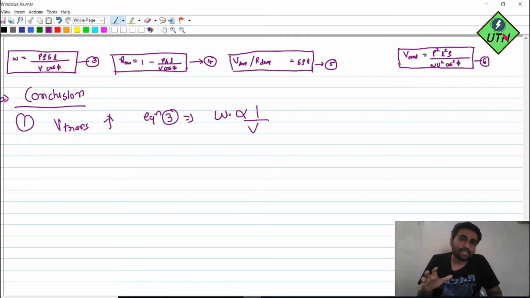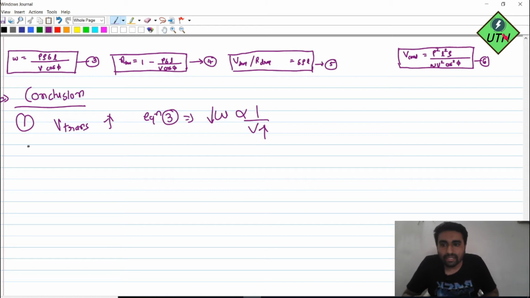W, our losses of the line, is inversely proportional to the transmission voltage. So if we increase the transmission voltage, our losses in the line are going to decrease. And if the losses decrease, the transmission efficiency is definitely going to increase, and that is our second advantage of increasing the transmission voltage.